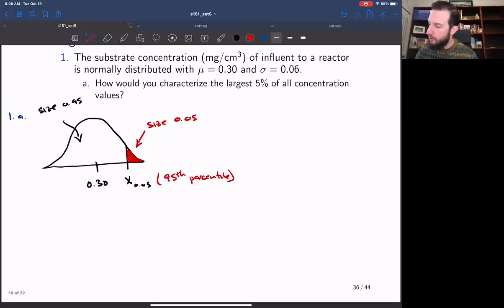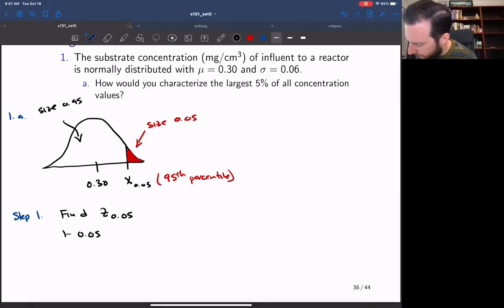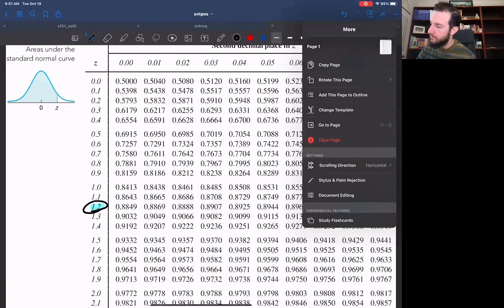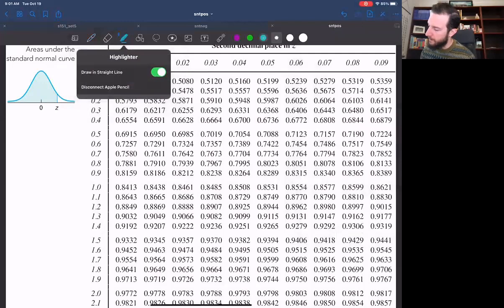All right, so to start off, we just find the corresponding z-score. We want X subscript 0.05, so we start by finding z subscript 0.05. 1 minus 0.05 is equal to 0.95. Therefore, to find z 0.05, we go to our normal table and look up 0.95 inside the table.